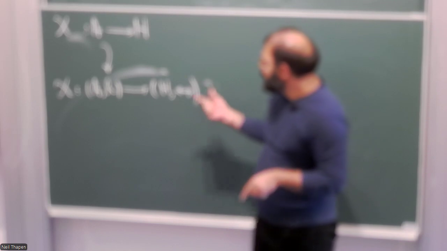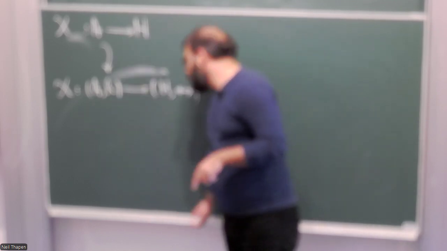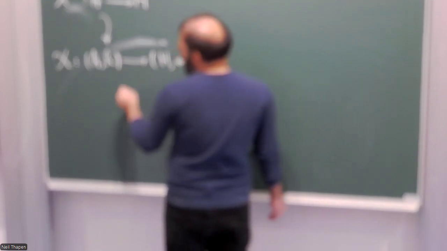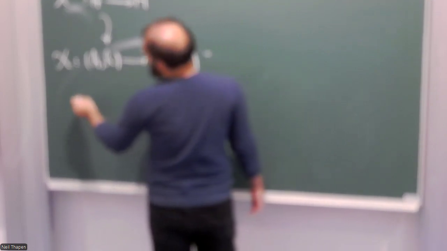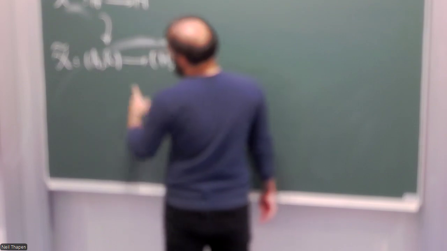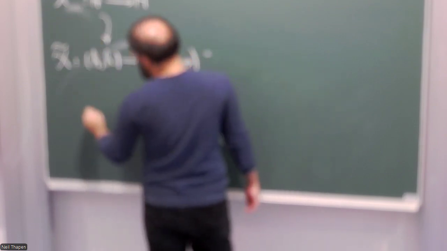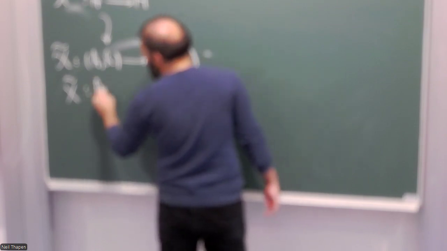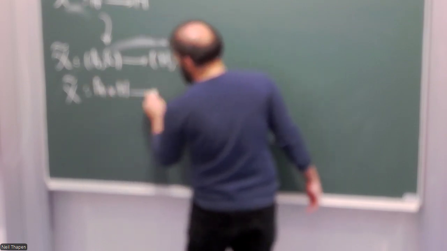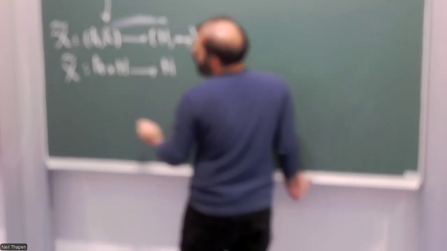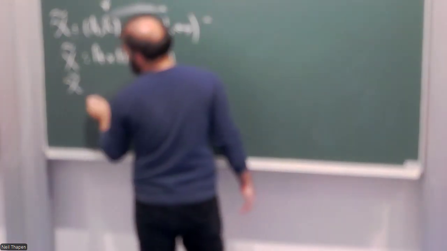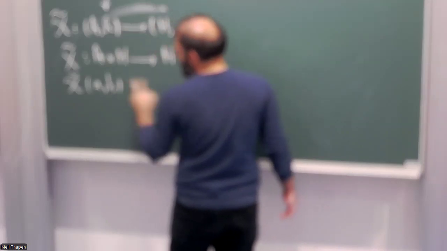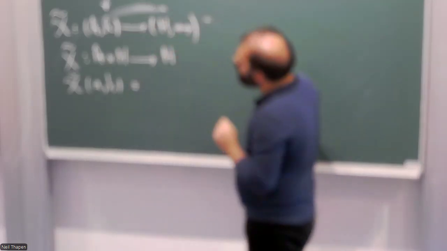What I'm saying is that these two guys are actually the same thing. So let's say that chi tilde is a map assigned to chi. And chi tilde, if it's a map, should go from A times H to H. So you read some A, you read some H as the value, and then you have to compute what?